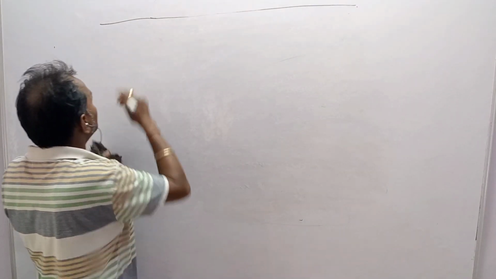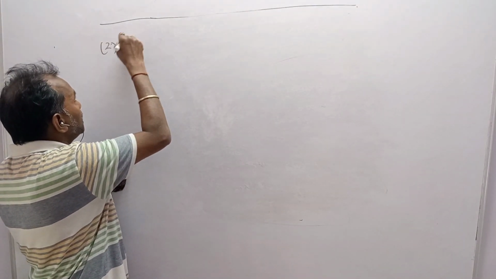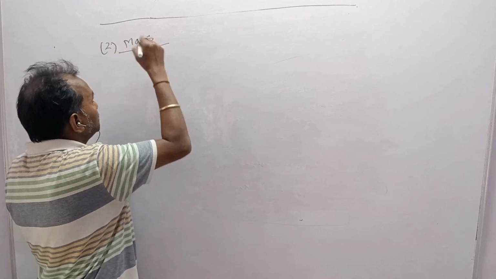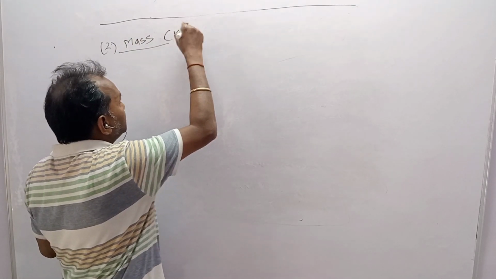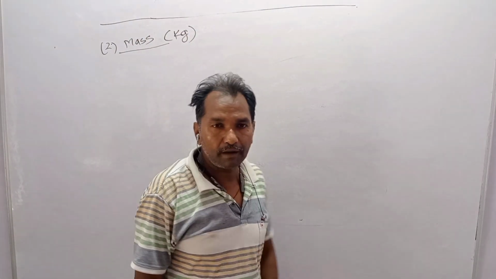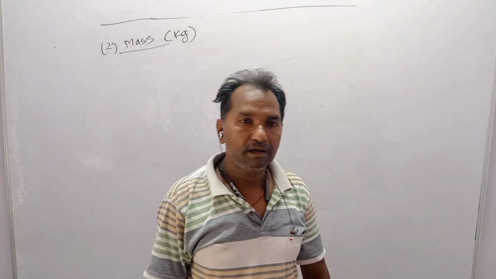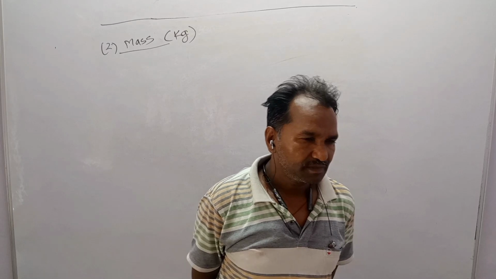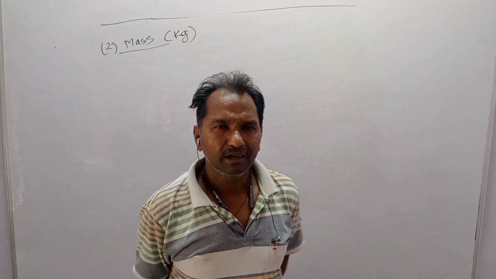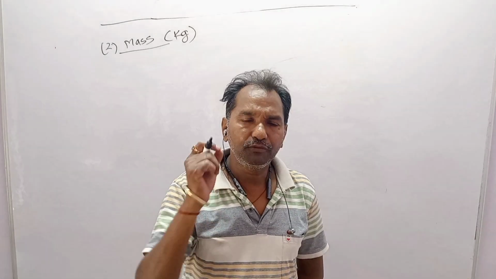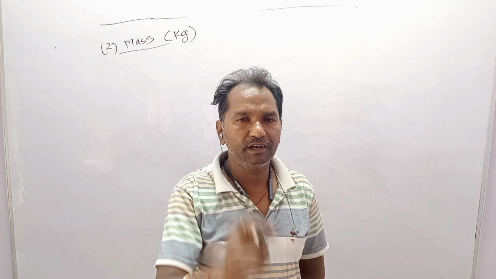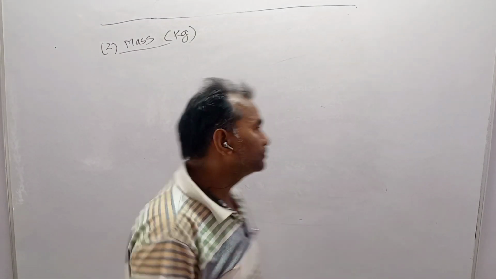That is the second unit, the mass. How will you define it? The unit of mass is the kg. Dear students, we have to define 1 kg, the international definition of 1 kg. That is a very important definition. The mass of 1 liter of pure water at 4 degrees C is equivalent to 1 kg.